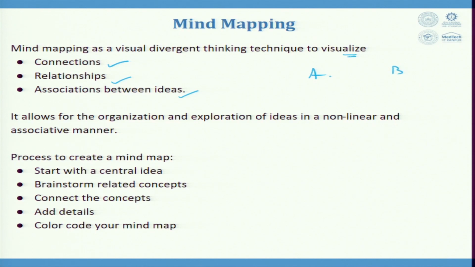A to B connection, how is this connected with B to C relationship, and associating A to B and B to C with some ideas. It allows for the organization and exploration of ideas in a non-linear and associative manner. In mathematics, we always learn about associative rules. In a similar way, in mind mapping, we can have these associations.